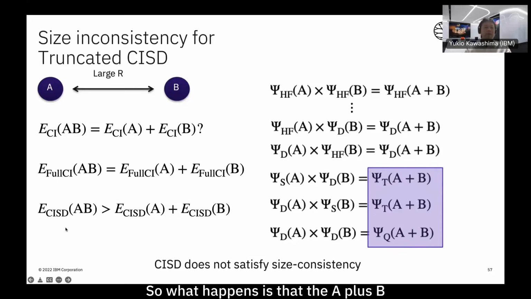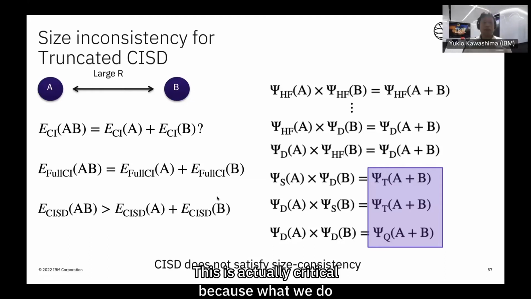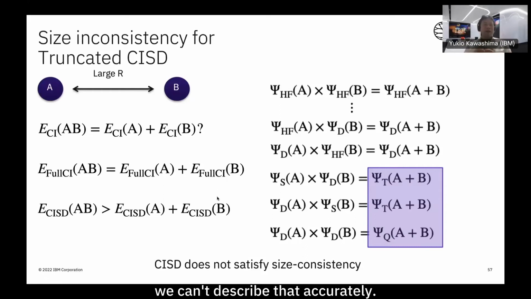So what happens is that A plus B will not be A plus B. This is actually critical because what we do in chemistry is that we form and break bonds. So what this is saying is that we can't describe that accurately.